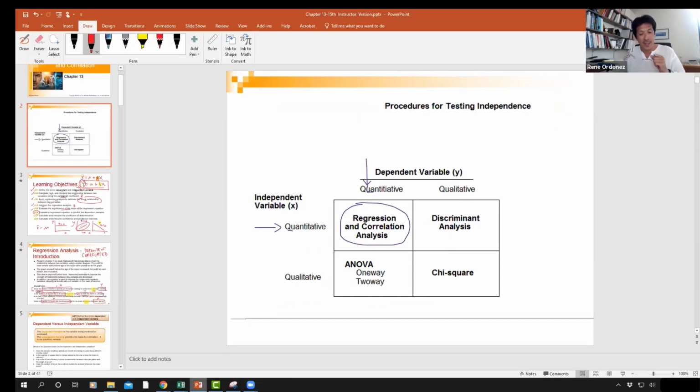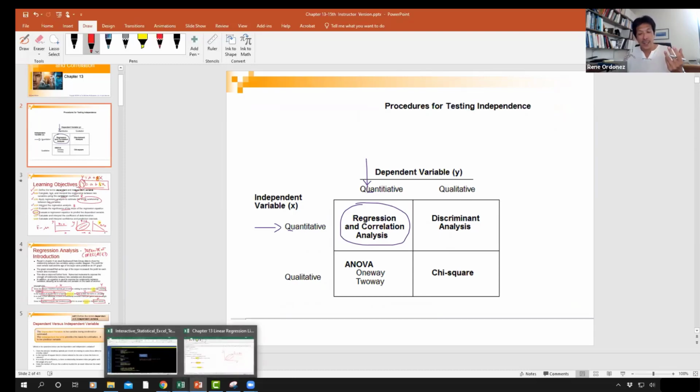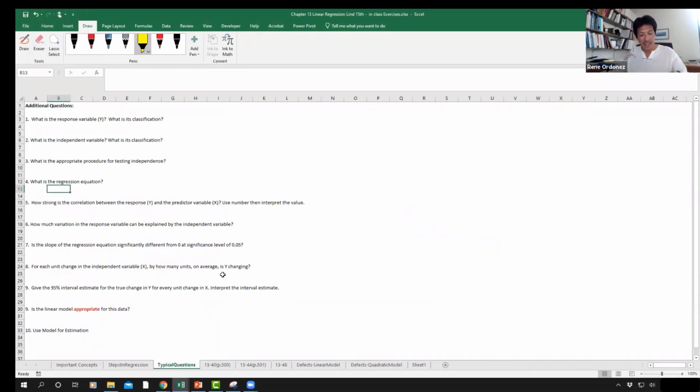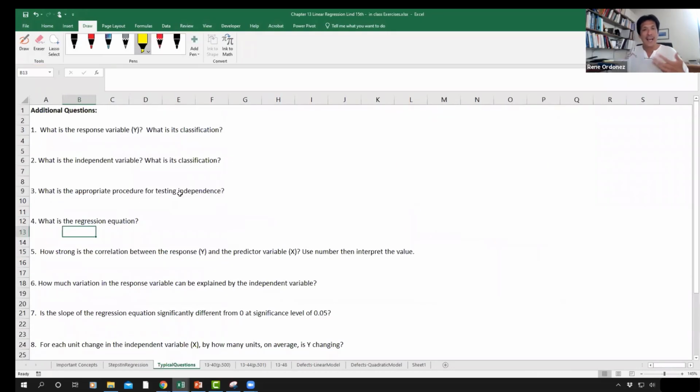All right, so let's look at things that we need to understand now as far as when we look at problems, typical questions that we ask, or at least I will be asking. I just want to make sure that we are able to answer these questions, because if we are able to do that, then the analysis becomes easier, and then you're able to interpret the data correctly.